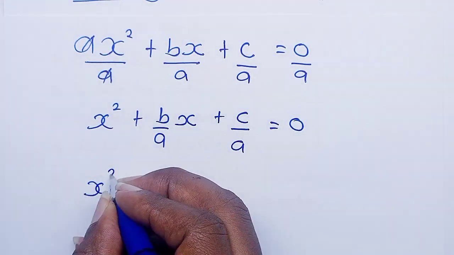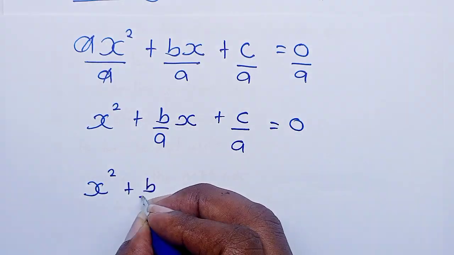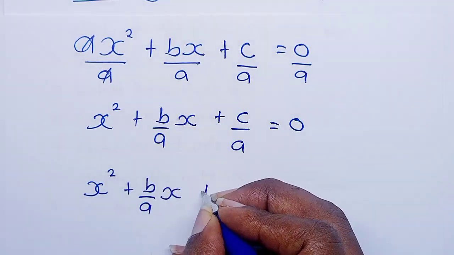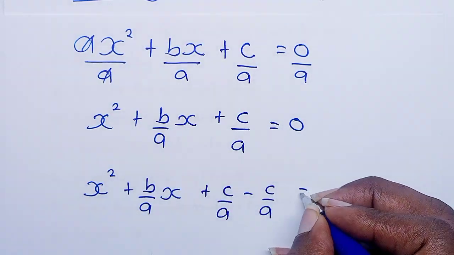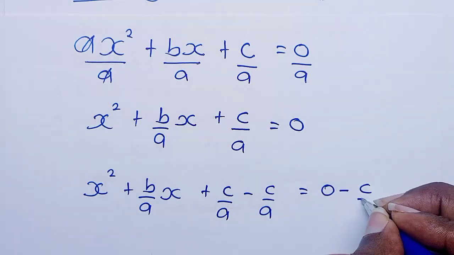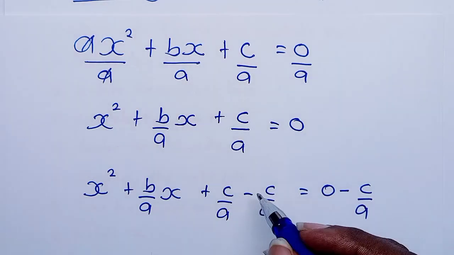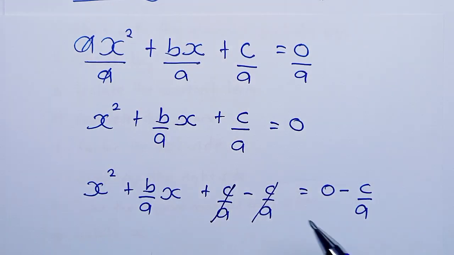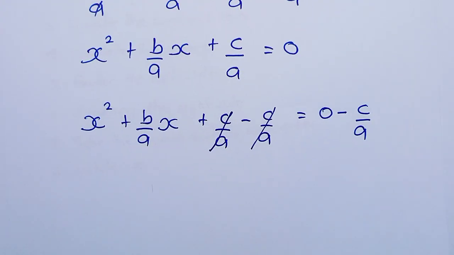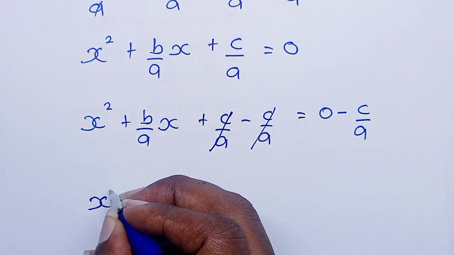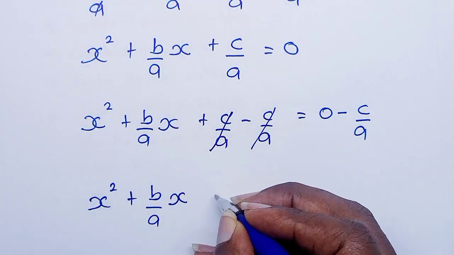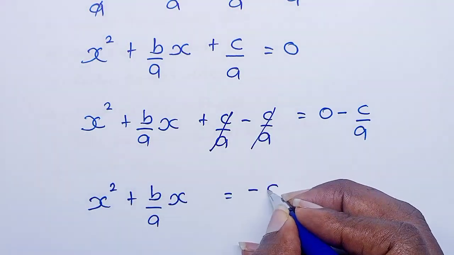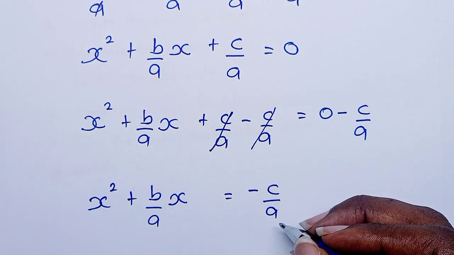So we shall have x squared plus b over a x plus c over a minus c over a being equal to 0 minus c over a. As you can see, this cancels with this. So we are left with x squared plus b over a x being equal to minus c over a.